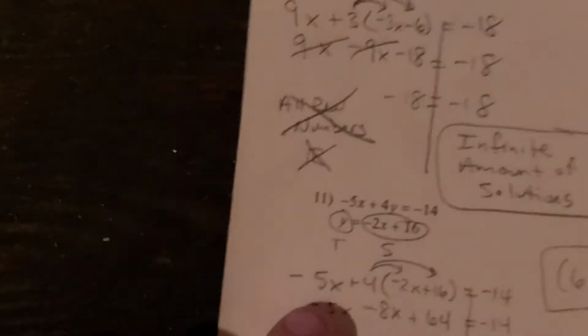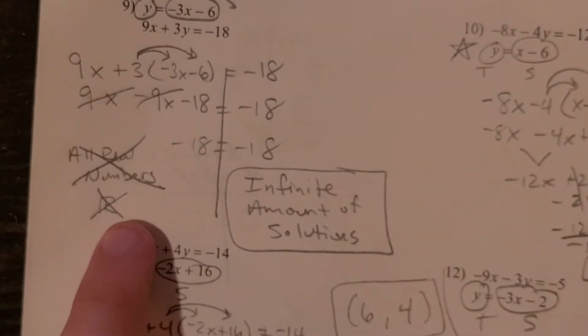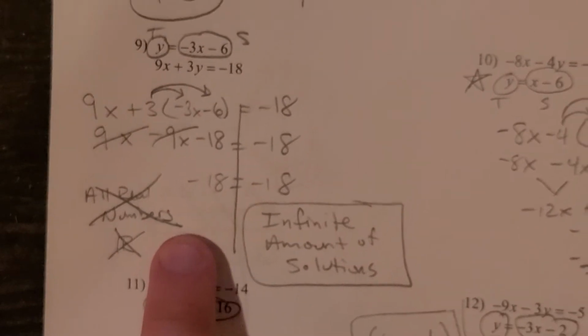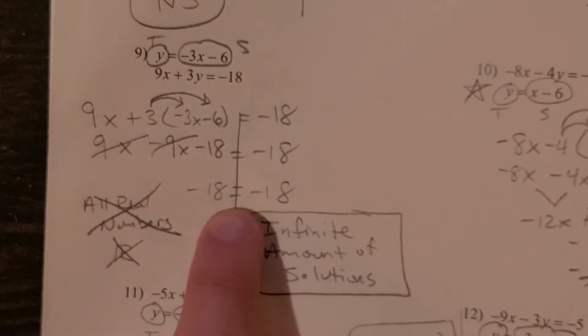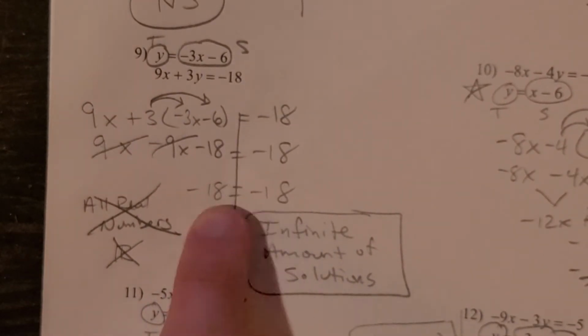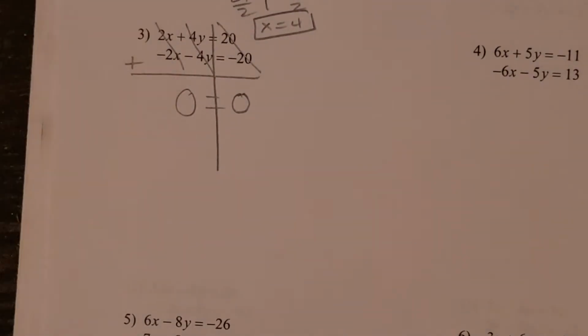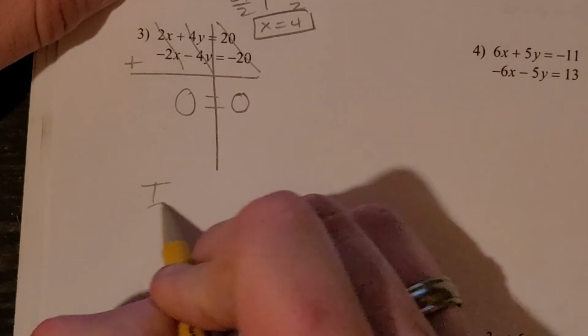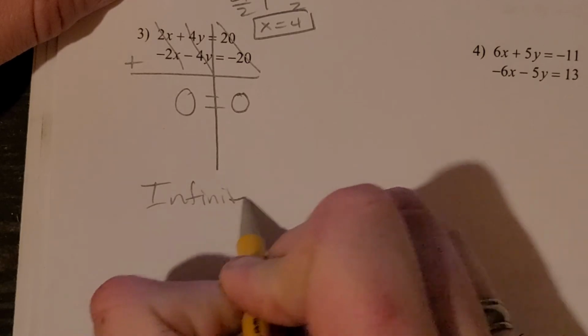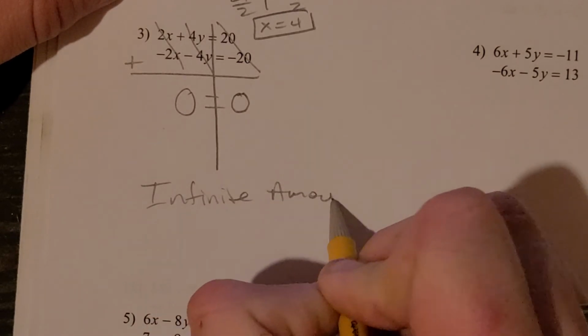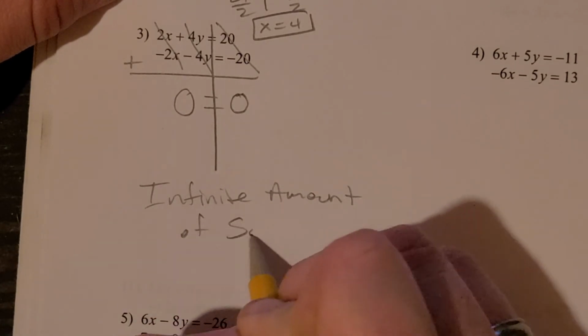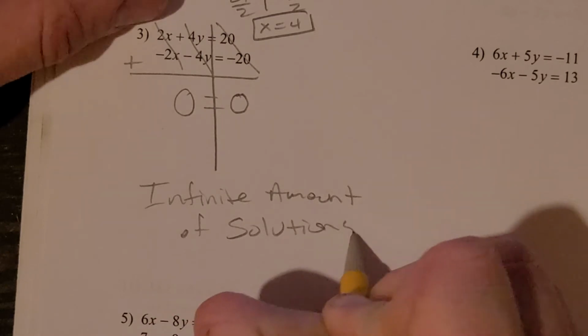Now, I think we did a problem like this if you go back to 5.2, number 9. When you ended with a true statement, no variables, but a true statement, your answer was an infinite amount of solutions. I ended with no variables and a true statement, so my answer is infinite amount of solutions.